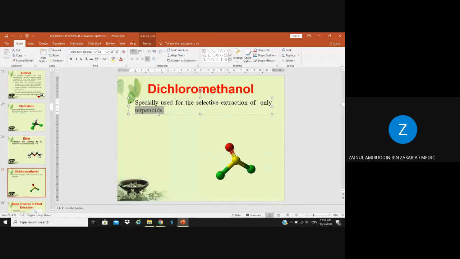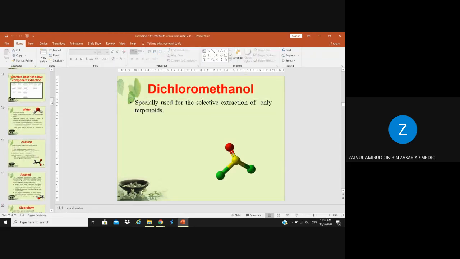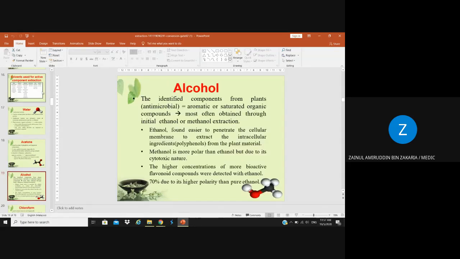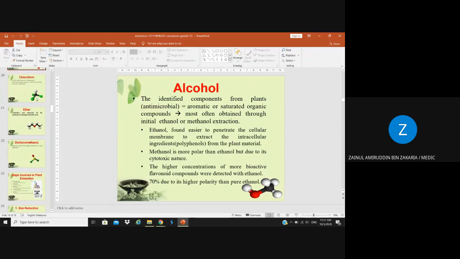You will not get flavonoids, tannins or saponins, you only will get terpenes. So these are the main solvents normally used. Sometimes people use butanol and so on, but that is covered under alcohol. Petroleum ether and ether are under non-polar or lipid-soluble solvents.